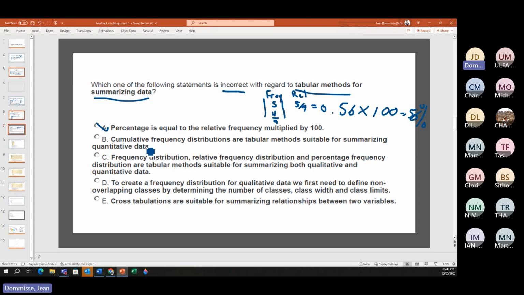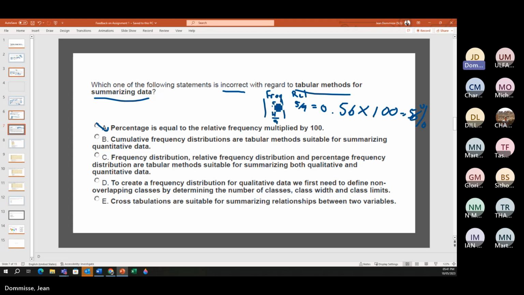cumulative frequency distributions are basically table methods suitable for summarizing quantitative data. Yes or no? When we look at quantitative data, it's something that we can count.